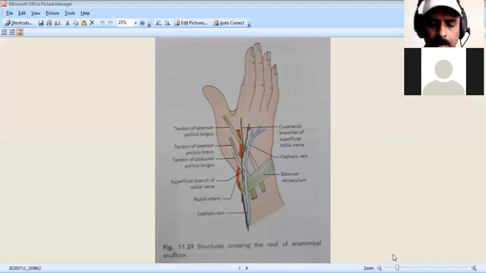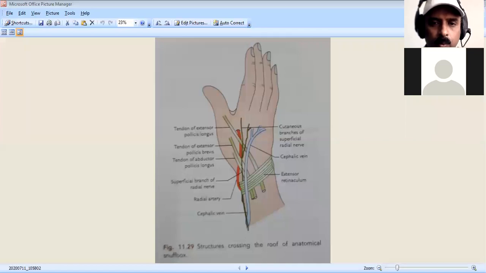Then I have told the brachioradialis and brachial artery, cubital fossa, trapezius muscle, superior palmar arch and triceps muscle. These are the few important short notes I have already given to you, so that you can remember them one by one. So here you have to remember the total anatomical snuff box.